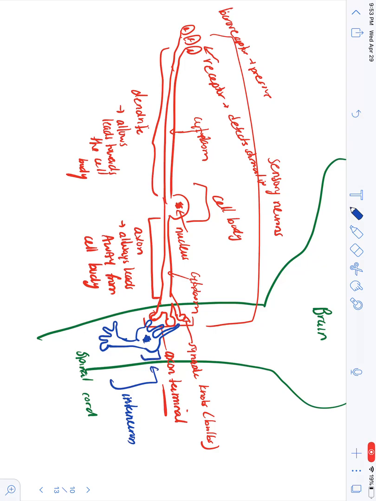So this part with the nucleus inside of it is called the cell body. If that's the cell body, then what's the name of this structure leading to the cell body? That must be the dendrite. These dendrites lead to the cell body, and that means this part over here, which leads away from the cell body, is called the axon, and this part at the end is called the axon terminal.